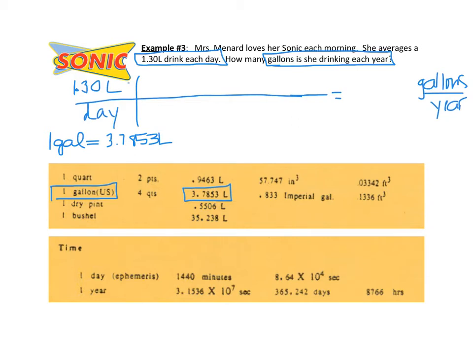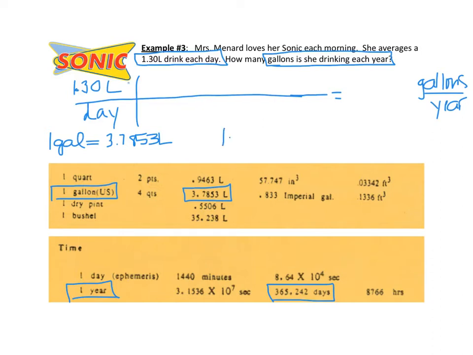All right, so that's going to allow me to get from liters to gallons. I now need to go from days to years. And you may already know that there are 365 days in a year, but again, we want the conversion factors to have no uncertainty. So really, a year has 365.242 days, which is why we have leap year, and this year happened to be a leap year.